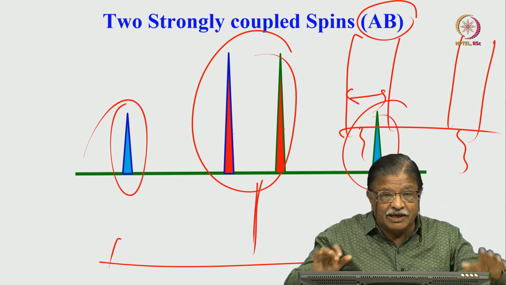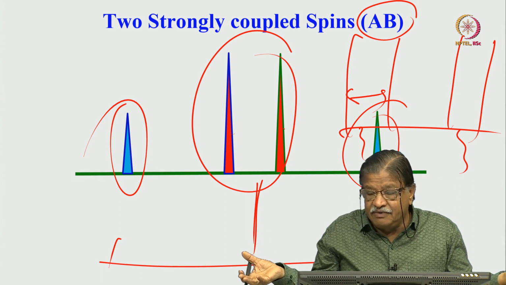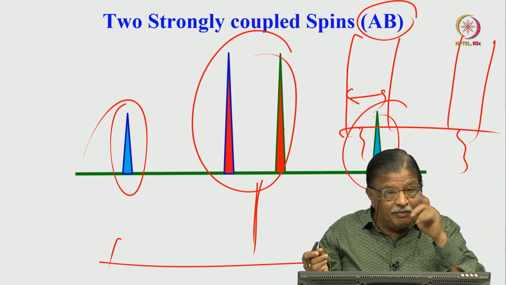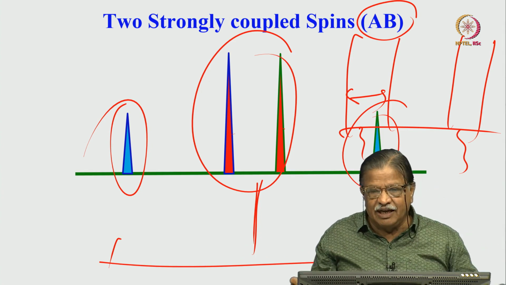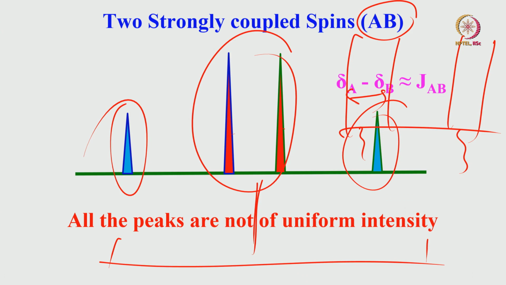In the strongly coupled case, for the same two spins, the spectrum is completely different. What you see for weakly coupled and strongly coupled are different. But remember, in the strongly coupled case you cannot analyze the spectrum so easily. All peaks are not of uniform intensity. In the weakly coupled example, I measure the chemical shift of A, the center chemical shift of X, and the separation, and I get the coupling constant.